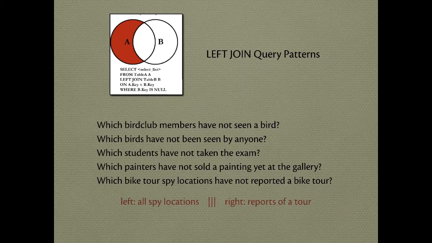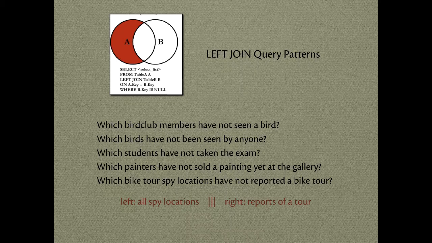We're going to have a master list of every location where we've sent a spy, and that might have some extra info like the date they arrived, the date they left, whether they had a good time, whether I have to reimburse them for fees, who knows what. Could have a ton of information on that. But the right-hand table then is going to be the reported sightings of our competitor bike tour company. Like where have they come through and when?